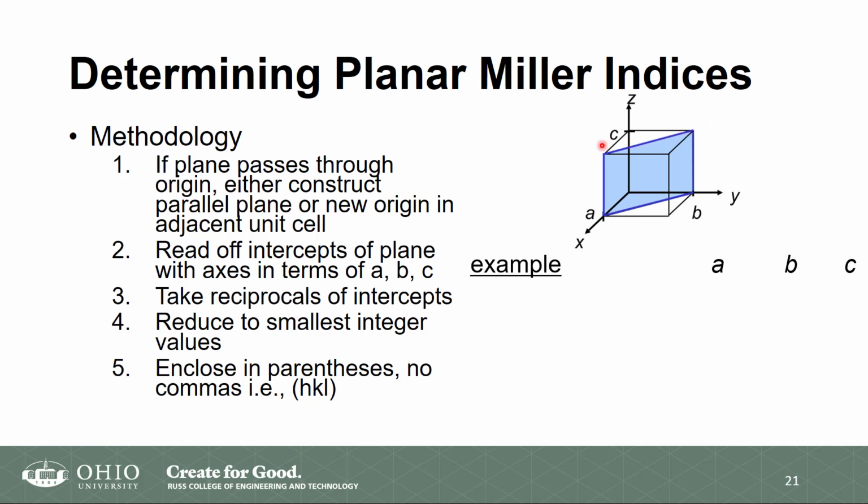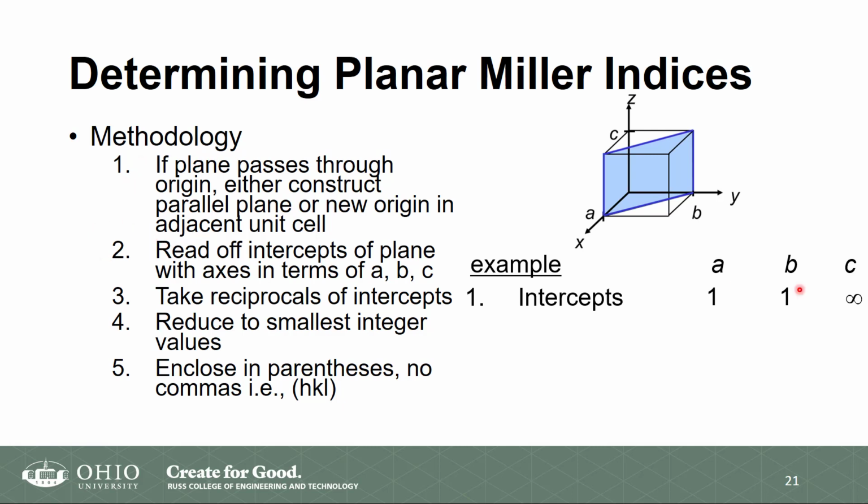But this plane does not cross the c-axis at all. In fact, if this plane were extended upwards, it would never cross the c-axis, so we say it never crosses, and it's an infinite separation. And so our intercepts for x, y, and z, which represent our lattice constants a, b, and c, are 1, 1, and infinity. So right now we've completed step 1 and step 2.